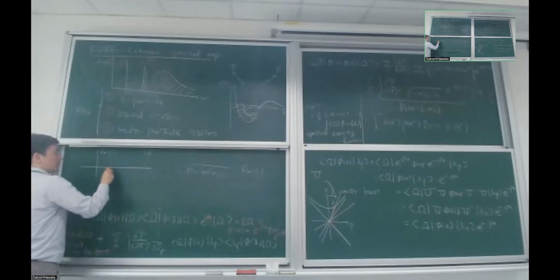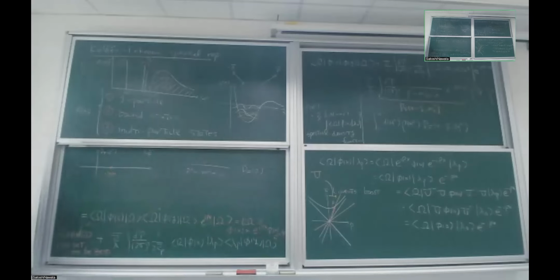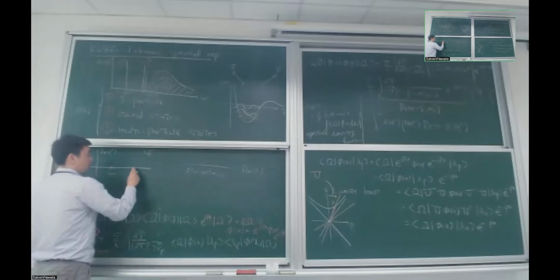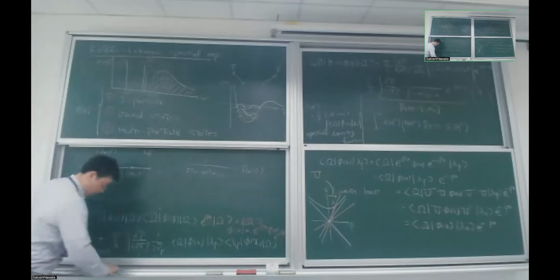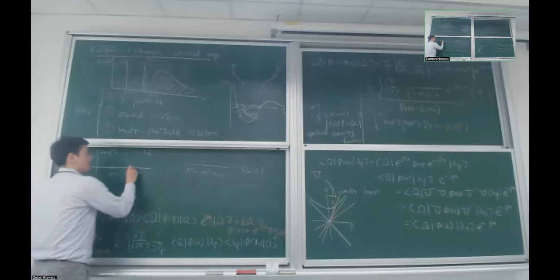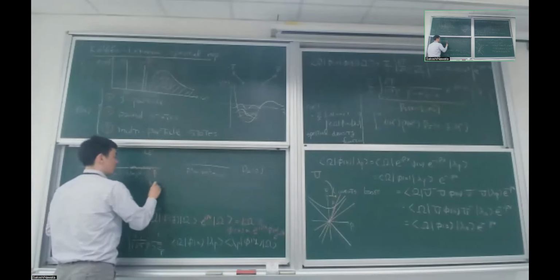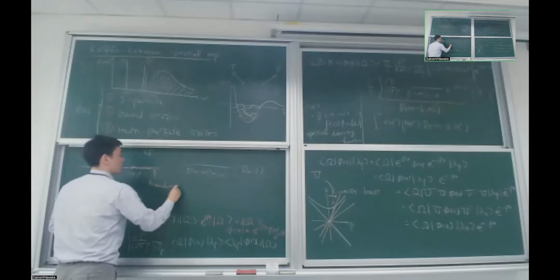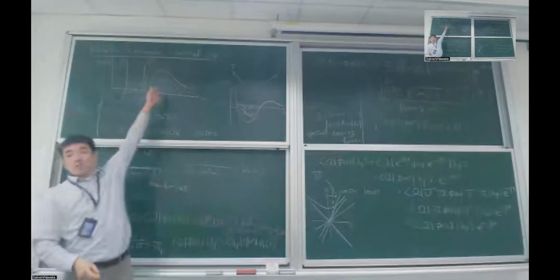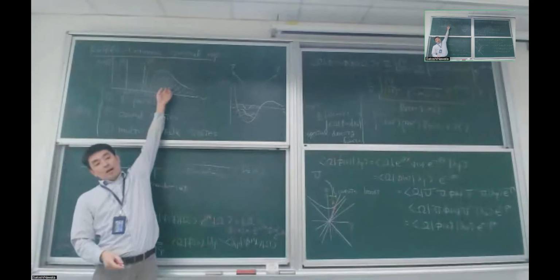There is a pole at M square for one-particle states, and there's another pole at the left. And there is a branch cut starting from 2m square. The branch cut is due to the continuum of multi-particle states.